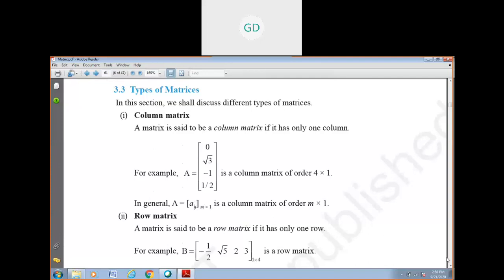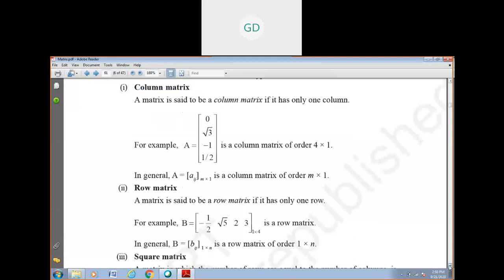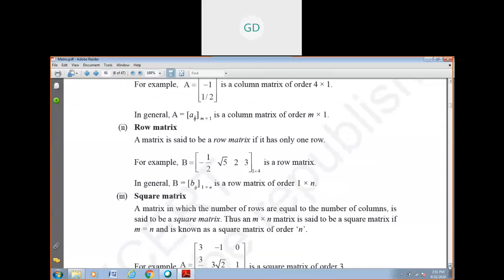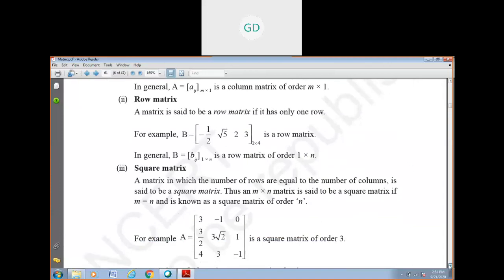Similarly, the row matrix. In the row matrix, you see a similar concept: the number of rows is 1. A matrix is said to be a row matrix if there exists only a single row.